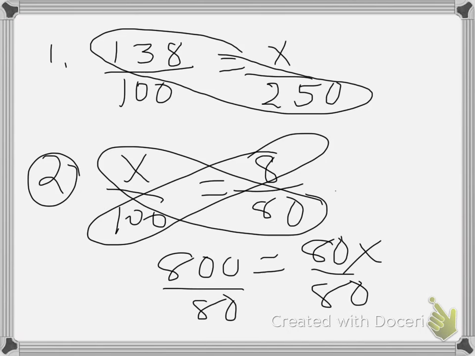Okay, so moving on. Let's look at number three. Estimate. So we can say 49% can be like 0.5, and times 15. That'll give you the answer.